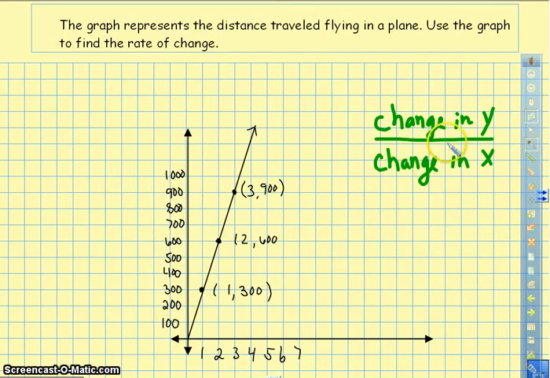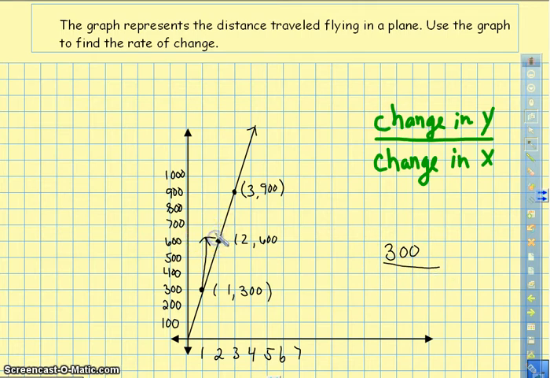So I'm going to start here and I'm going to do my change in y, which is, we said, the vertical change. So I'm going to go up from 300 to 600, 100, 200, 300. So I went up first, 300. So that's going to be the top number, 300. Okay, and then I'm going to go my horizontal change.